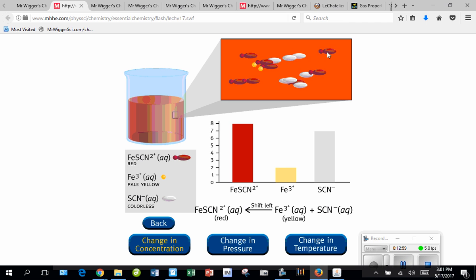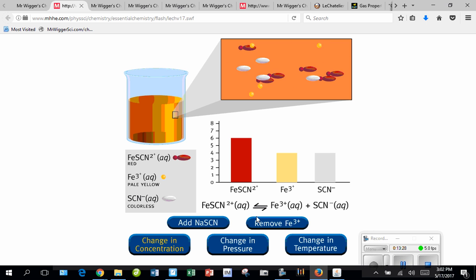We could see the numbers changing, and everything works according to the way we wanted it to, because we had to put these two guys together to make this, which used up the SCN and the Fe. And as these got used up, this guy was created, the FeSCN. Okay?